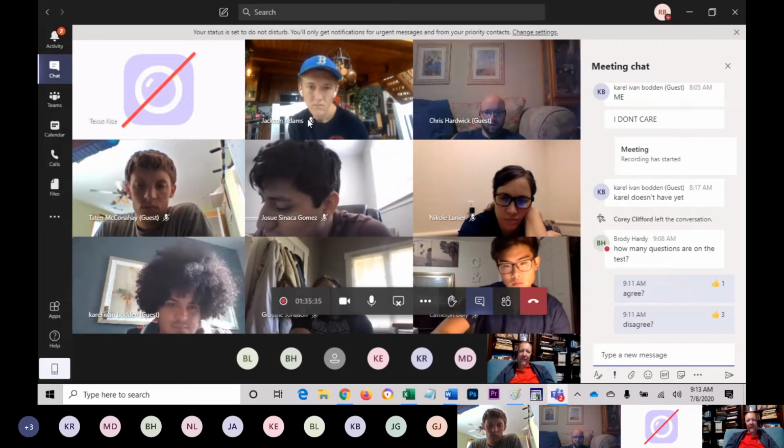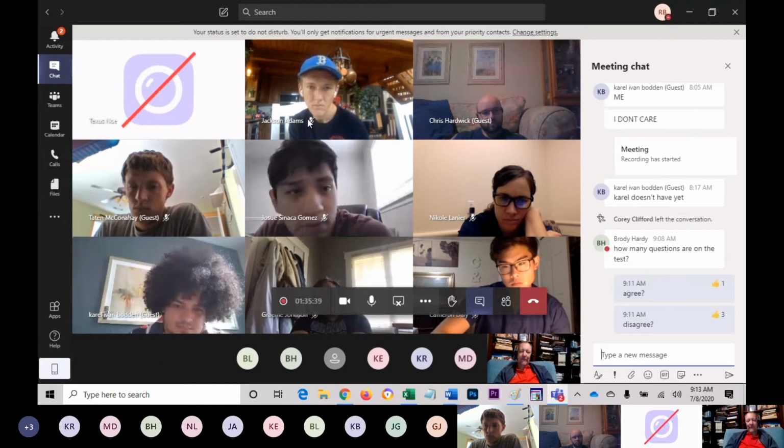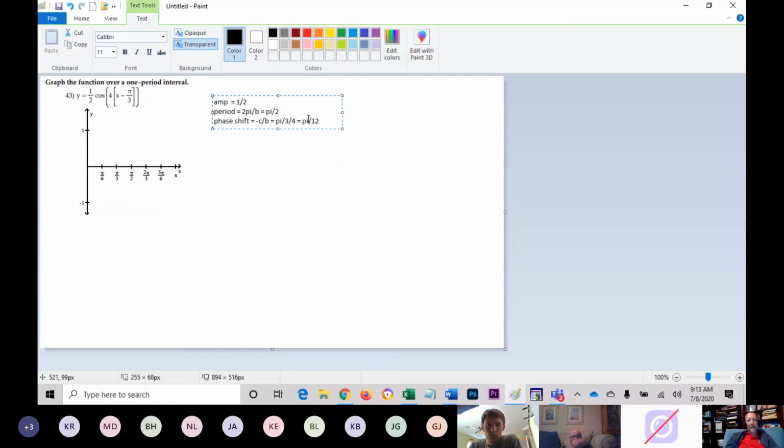Well, the thing is, on that, you have secondary parentheses within that equation. So the 4 would have to multiply into everything. 4 times x plus, and then 4 times a negative pi thirds. So the phase shift would be different altogether. What do you think it is?